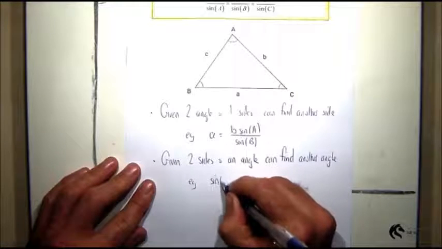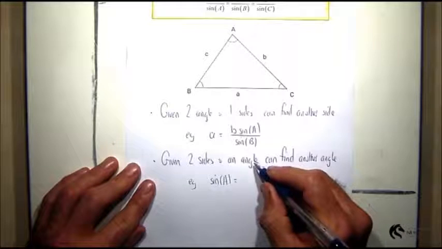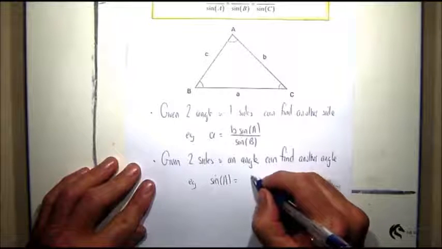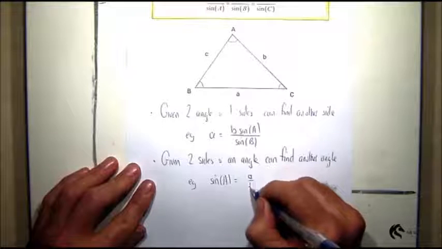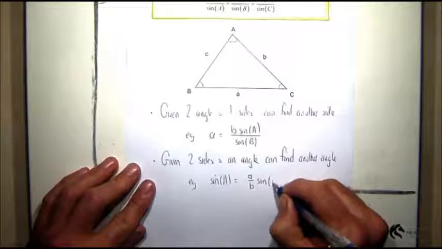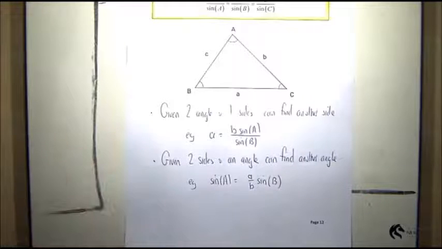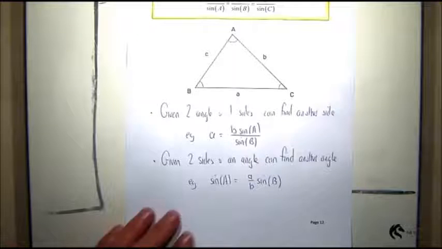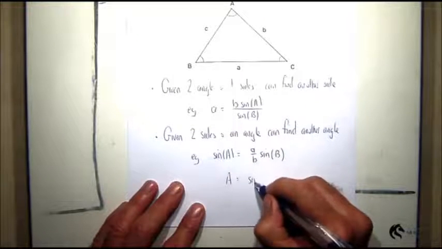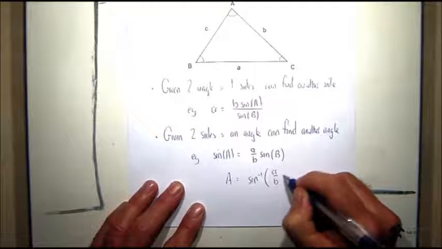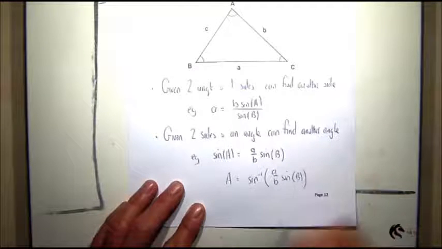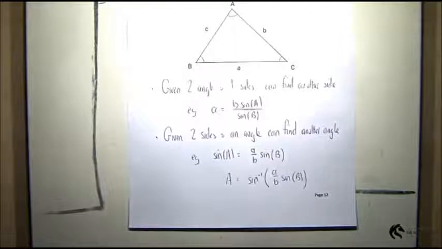Sine A is equal to, how would that go? That'll have to be a on b sine B. And so A would be sine inverse of that. I would use my sine inverse to find A. So A is therefore sine inverse of a on b sine B. So they're the ways in which we're going to use the sine rule.